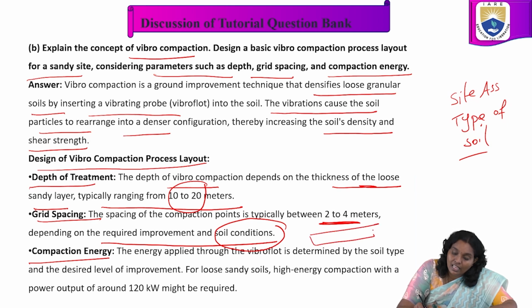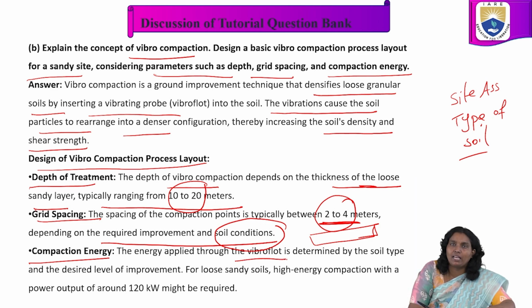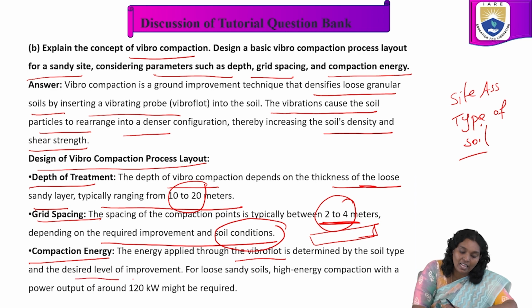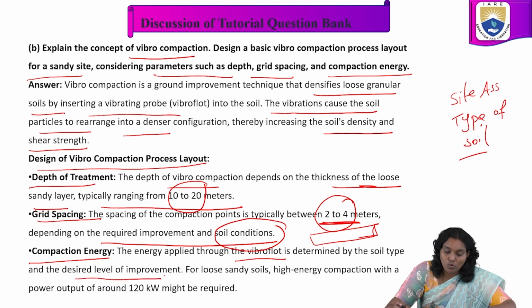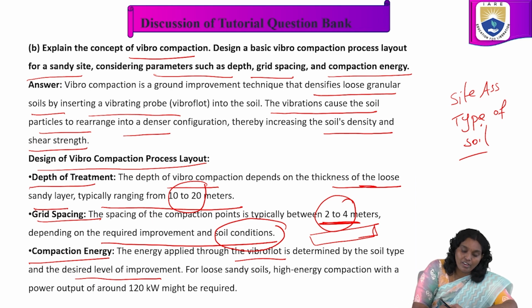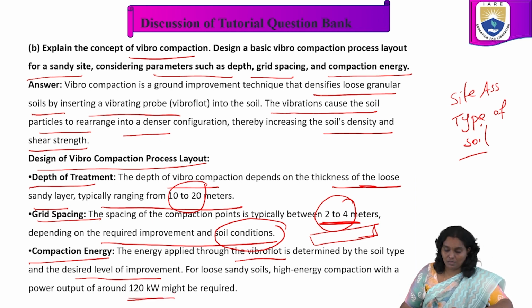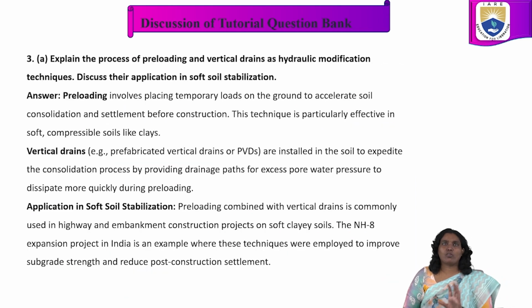Throughout the area, the soil conditions may not be the same; they are going to differ. According to that, we choose how much spacing between the grid. The compaction energy applied through the vibro float is determined by the soil type and the desired level of improvement. For loose sandy soils, high energy compaction with a power unit of around 120 kilowatts might be required. Like that we are going to explain.